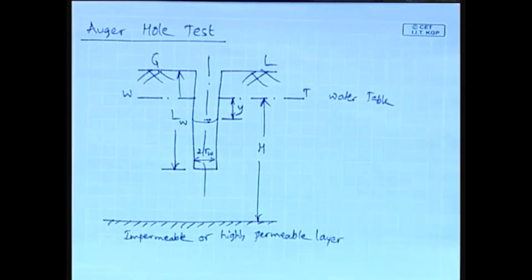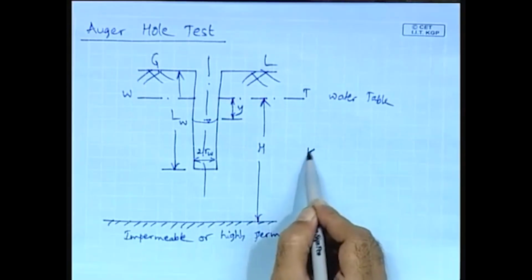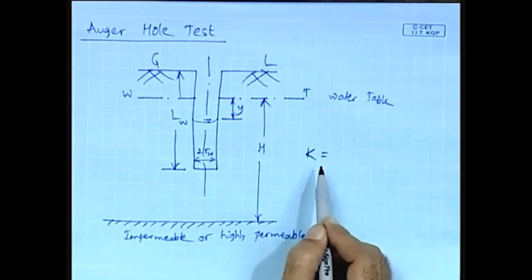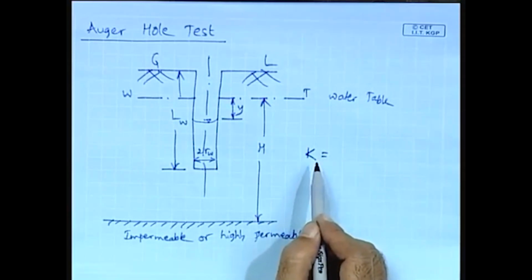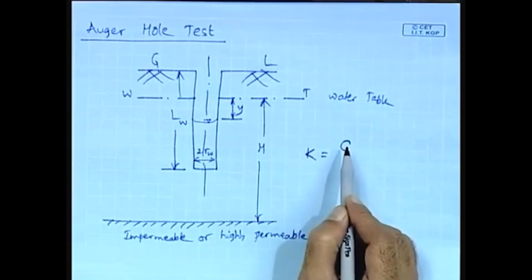So, here it can be shown that the hydraulic conductivity K is given by C, a coefficient.